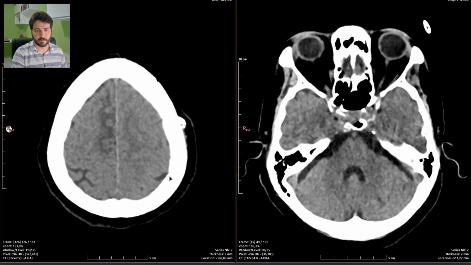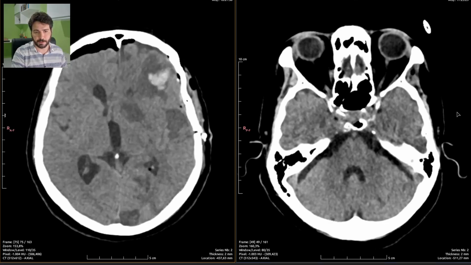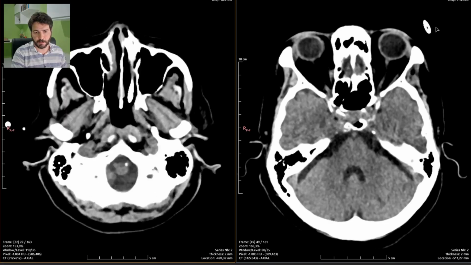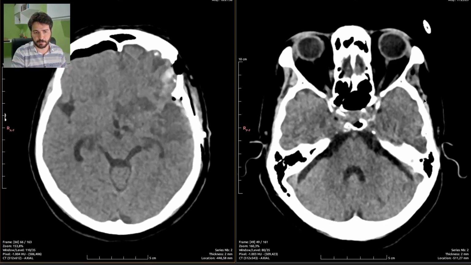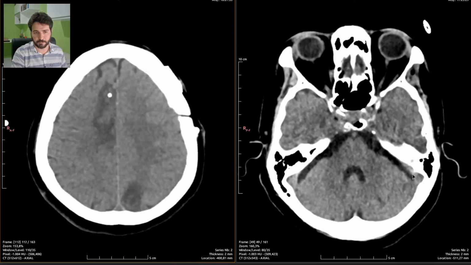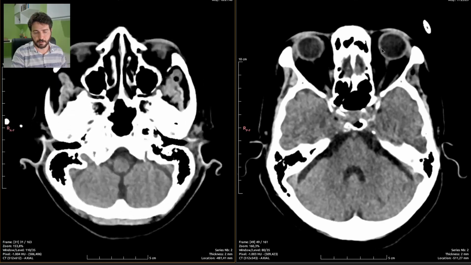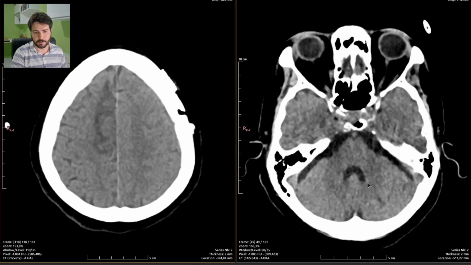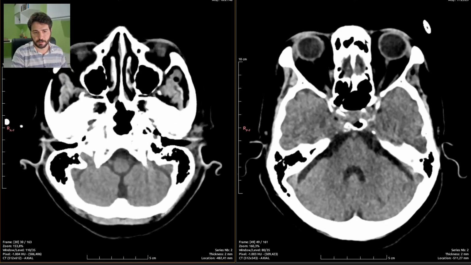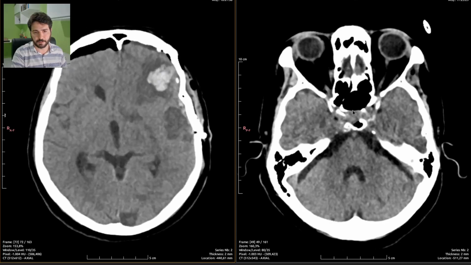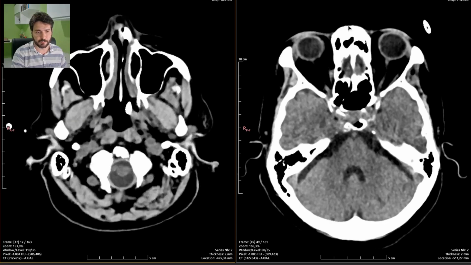One other thing, I have to be sure that there isn't flooding of the ventricles, hemorrhagic flooding of the ventricles, the ventricular cistern, which means a very bad prognosis. There isn't, so this is for the best.